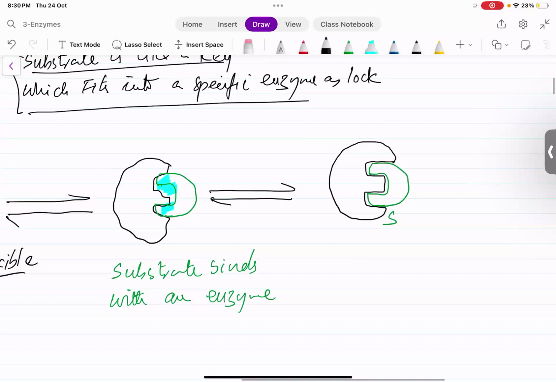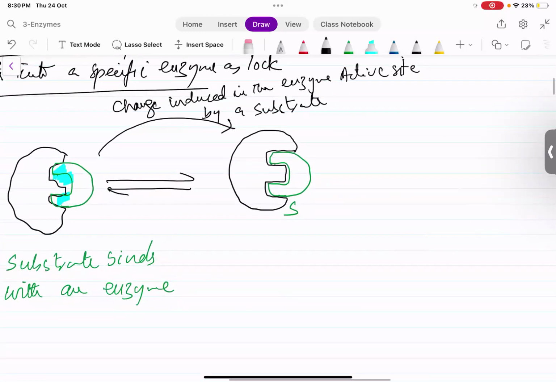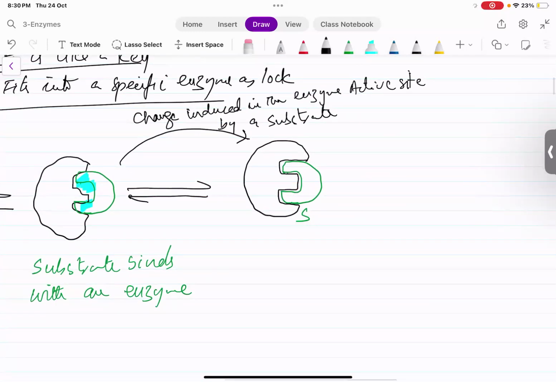So you see there is a change induced in the enzyme active site by a substrate. And so the substrate is an exact fit into the active site, now it is complementary.